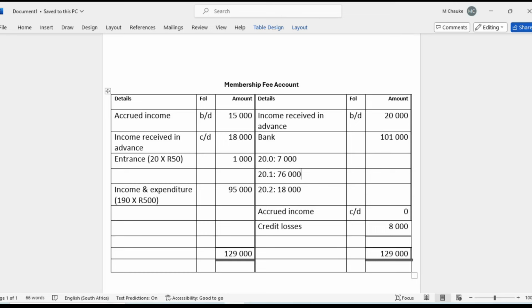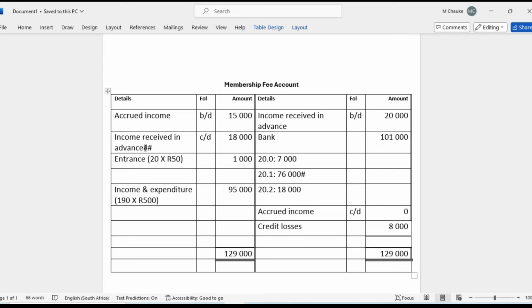It has balanced. It means you had missing figures. A missing figure was income received in advance at the end, and also the current bank.